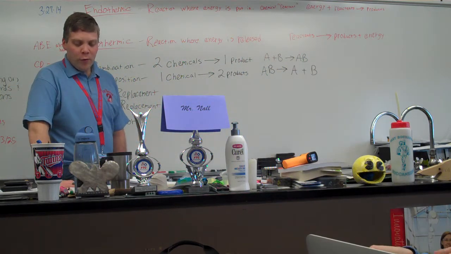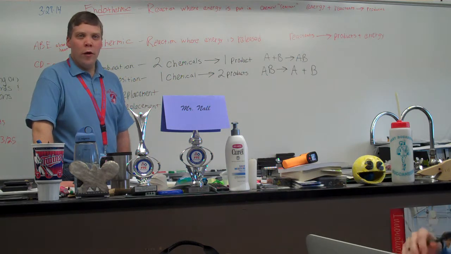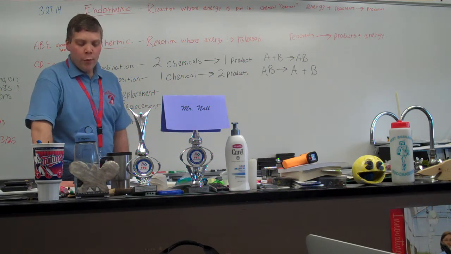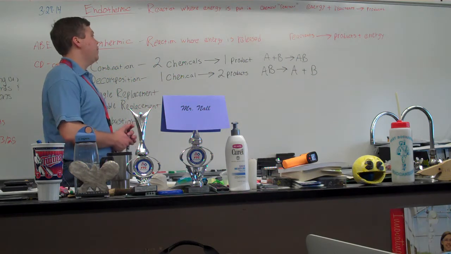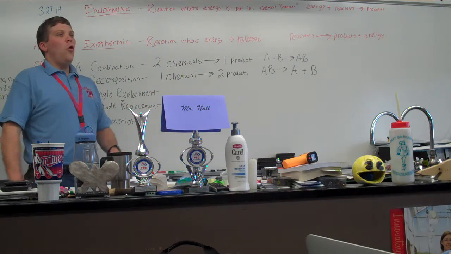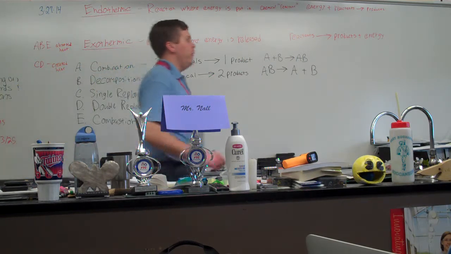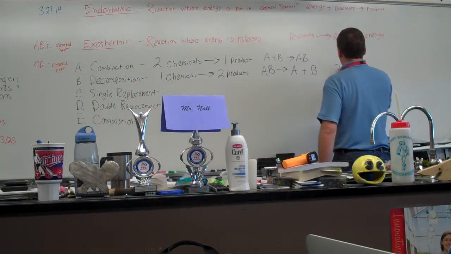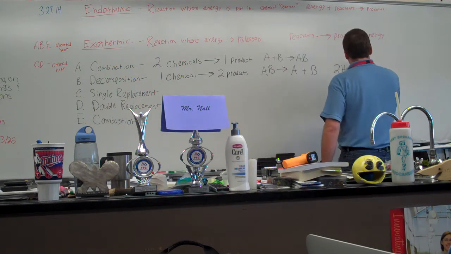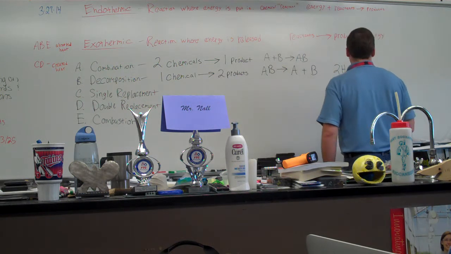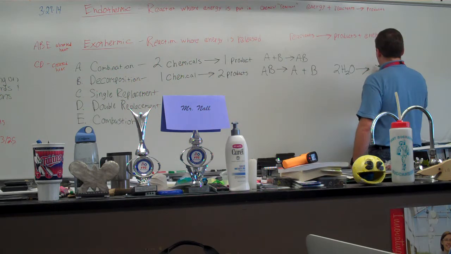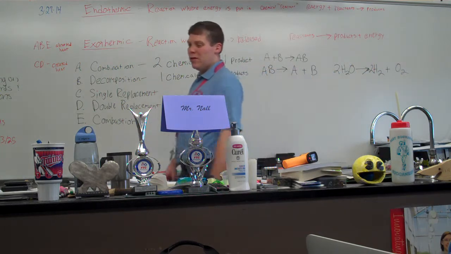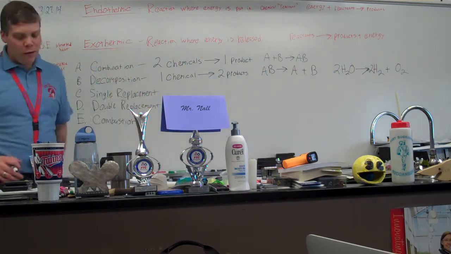In the first one we had, baking soda, also known as sodium bicarbonate, breaks down into sodium oxide, water, and carbon dioxide. Or another one that you saw earlier this year in a video, you can take water, put an electric current to it, and break it up into hydrogen gas and oxygen gas. That's another example of decomposition, breaking it down into its components.